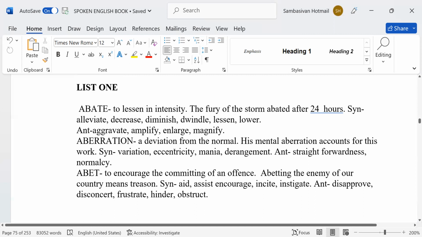Elevate, decrease, diminish, dwindle, lessen, lower. एंटोनिम क्या है? Aggravate, amplify, enlarge, magnify.